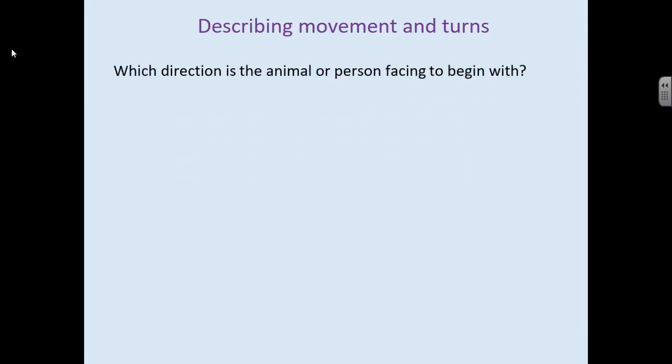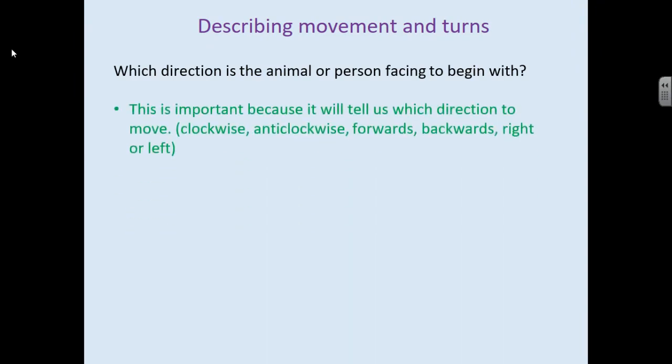It is very important to know which direction the animal or person is facing to begin with. This is important because it will tell us which direction to move, whether clockwise or anti-clockwise, or forwards or backwards, or right or left. Now, is the animal or person moving or just changing directions?